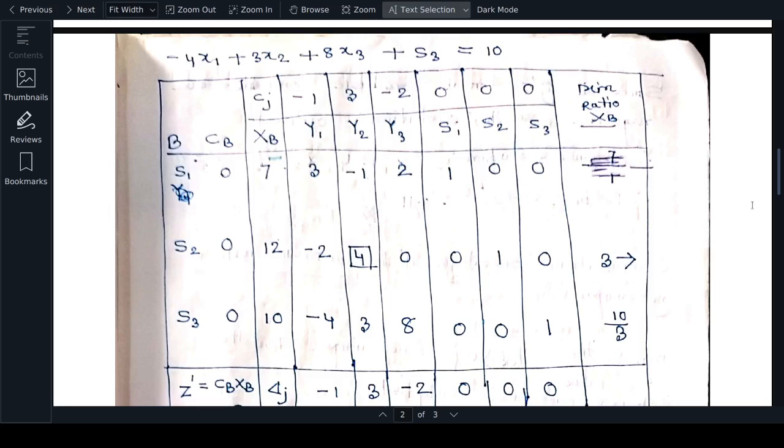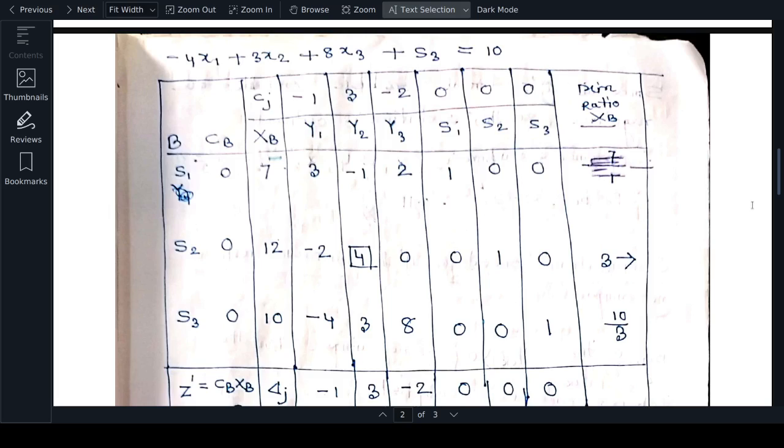Next, we do here six variables, three equations. So we consider 6 minus 3, since the number of variables is more. 6 variables minus 3 equations, so 6 minus 3 equals 3.